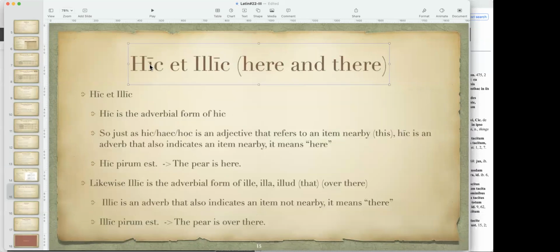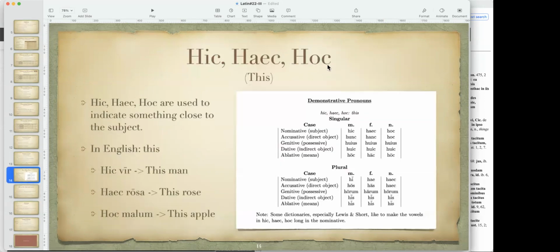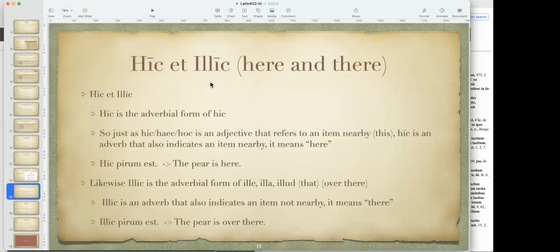The long i, the hic and the illic are here and there. The way of thinking of it is that this is the adjective form. Well, maybe that's a bad way of saying it. It's a demonstrative pronoun, but you think of it as an adjective for the moment. And this one is the adverb that says where it is.